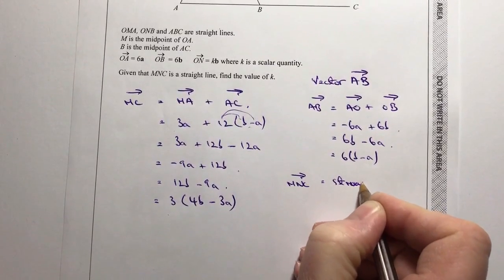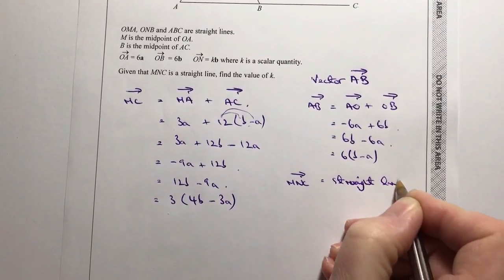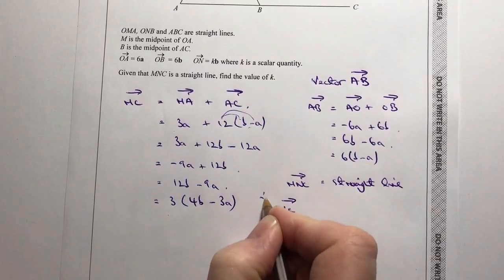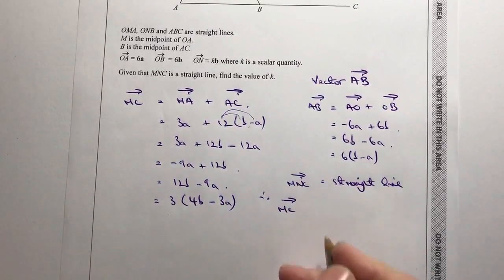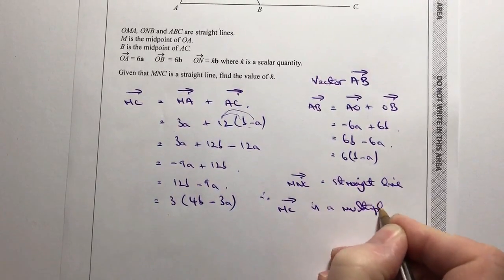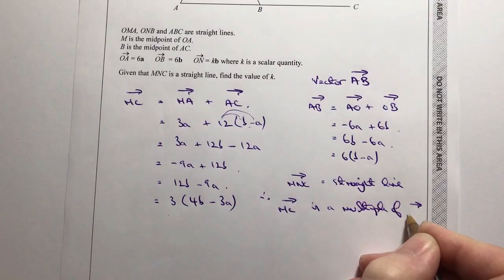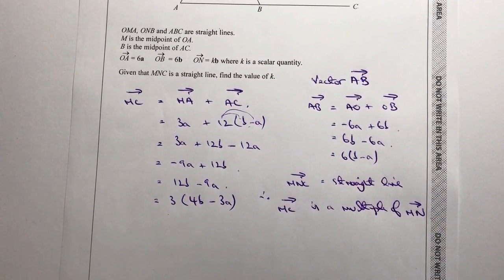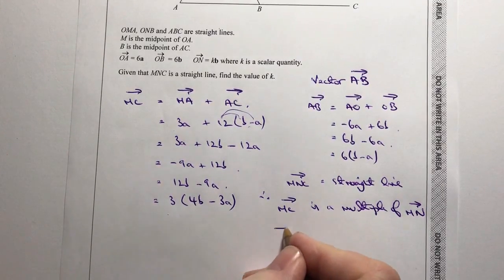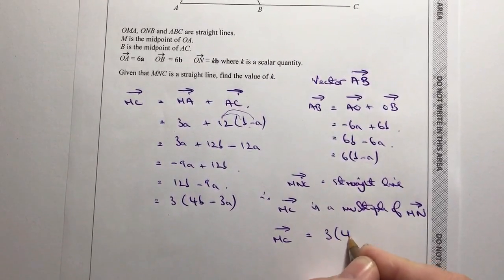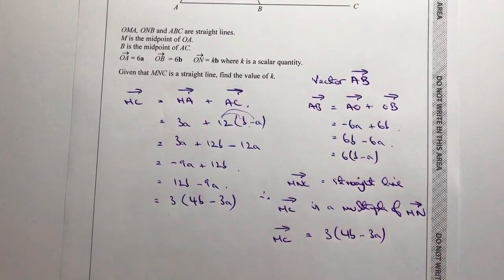So if it's a straight line, what we mean is that vector MC is a multiple of vector MN. So if it's a multiple of vector MN, then vector MC is equal to 3 times (4b minus 3a).